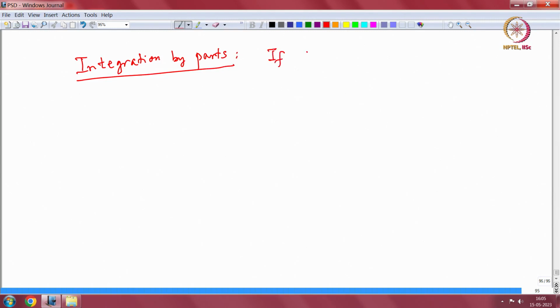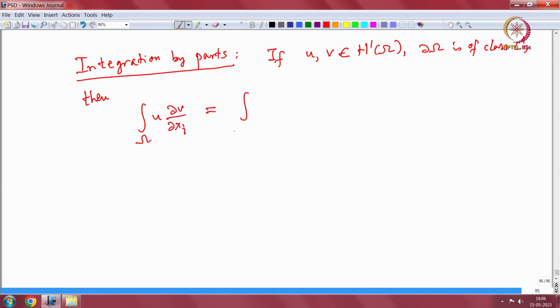If u, v are in H1 omega, where the boundary of omega is class C1, then the integral over omega of u dv by dxi equals the integral over del omega of u v nu i, where I will explain what nu i is, with the surface measure on del omega, minus the integral over omega of v du by dxi, for i equal to 1 to n.